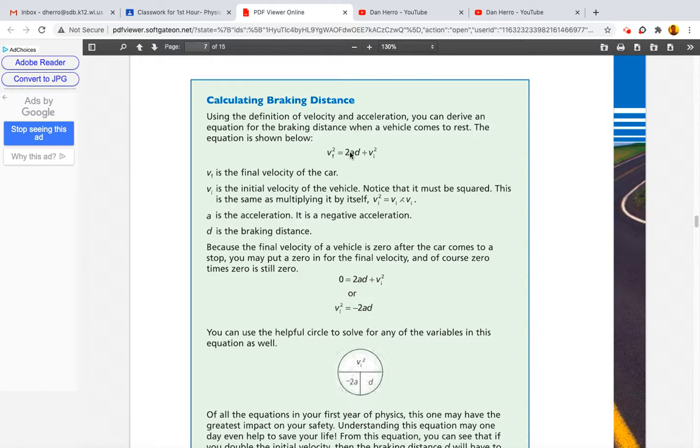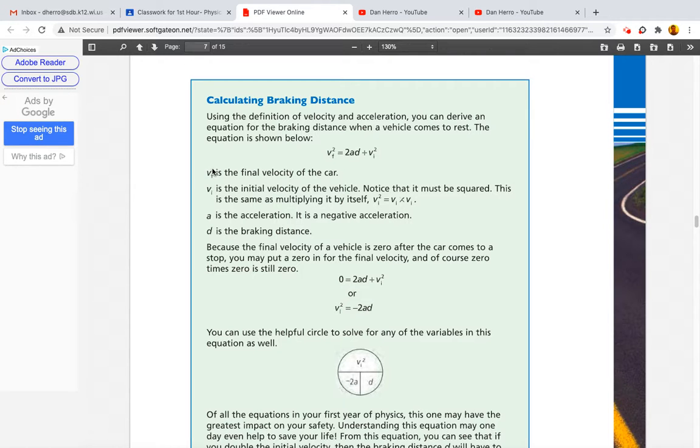I would put the 2 times acceleration and braking distance in parentheses and solve that, and then add it to the initial velocity squared. That would equal final velocity squared, so you would have to take the square root of that to get the final velocity.